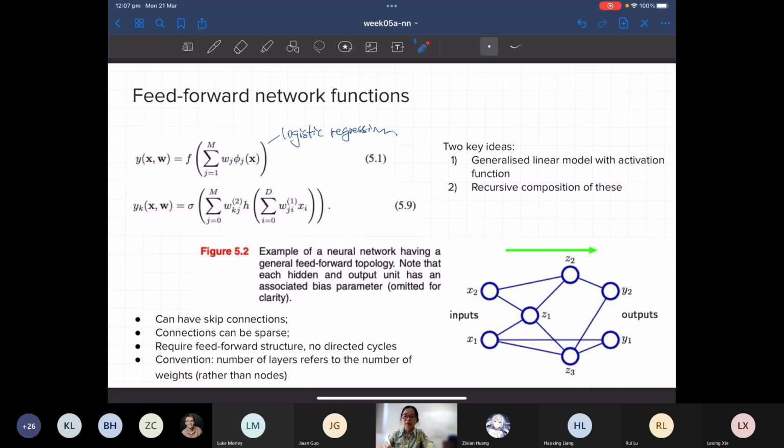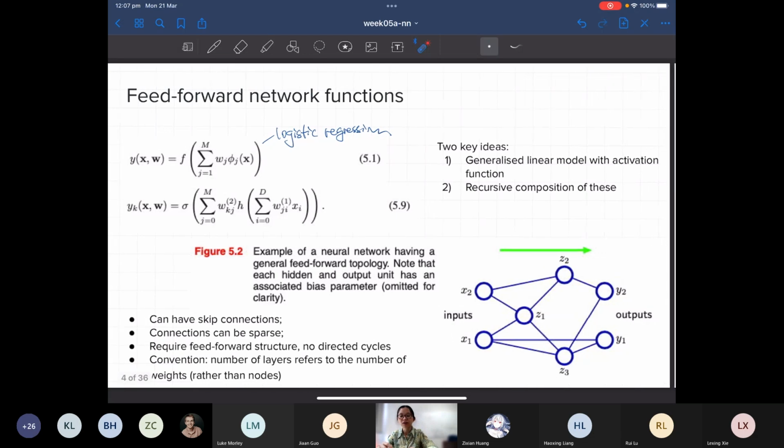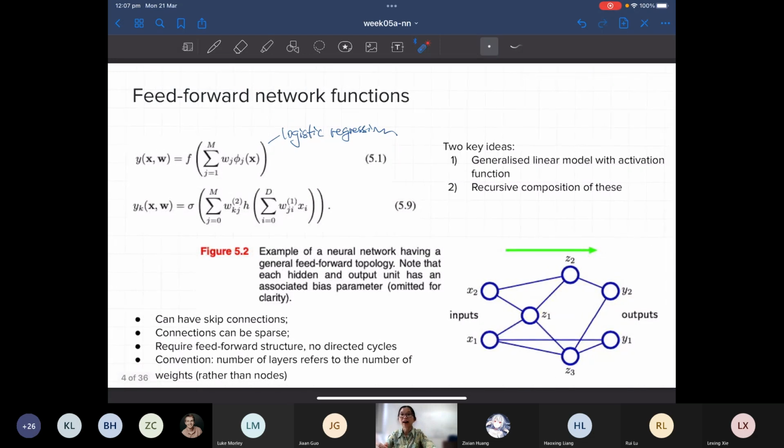So equation 5.9, because it's recursion, we read inside out. The innermost layer is a linear combination of the input. We're just omitting phi here, because as we will show, we don't need it for neural nets. So we do a linear combination of the input followed by activation function h.